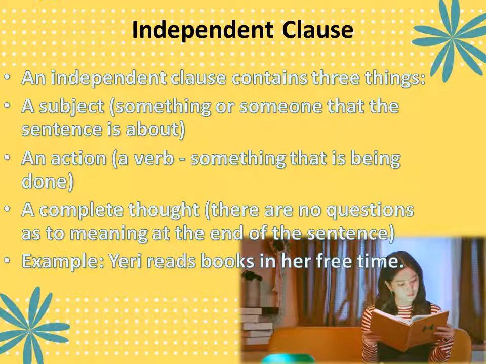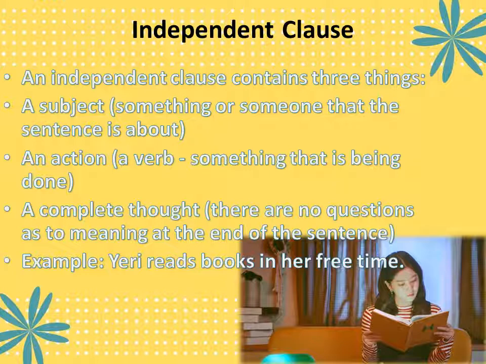Okay, more about the independent clause. An independent clause contains three things: a subject, for example, I am happy, the subject is I; an action, a verb, the verb is am; and then it has a complete thought. Jadi udah lengkap tuh, I am happy, itu udah complete thought, udah satu ide utuh. Ya, sudah sampai ke akhir dari kalimat.